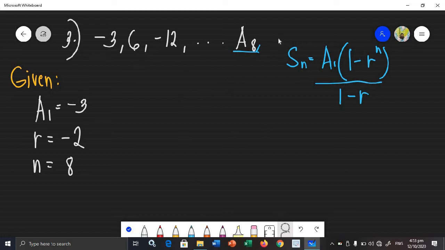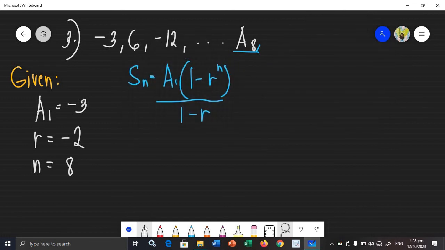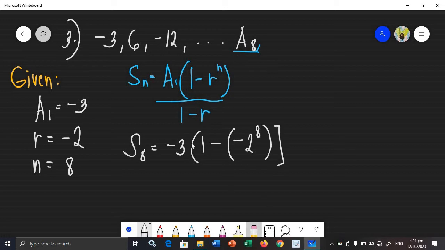So now that we have all the given, we can now substitute the given using the formula. So S sub 8, okay, is equal to negative 3 times quantity 1 minus your r, negative 2, raised to n, which is 8, all over 1 minus negative 2.